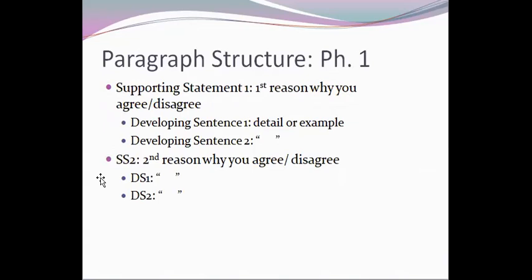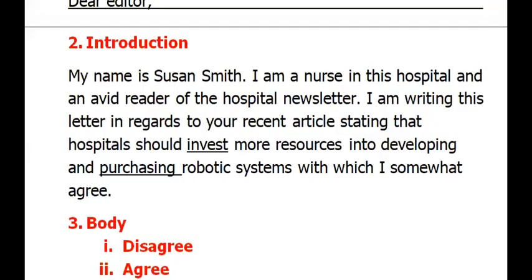So now let's see how we can do that. Let's go back to our brainstorming. So in the sample answer we're writing together, we said that we somewhat agree, which means we disagree more than agree.